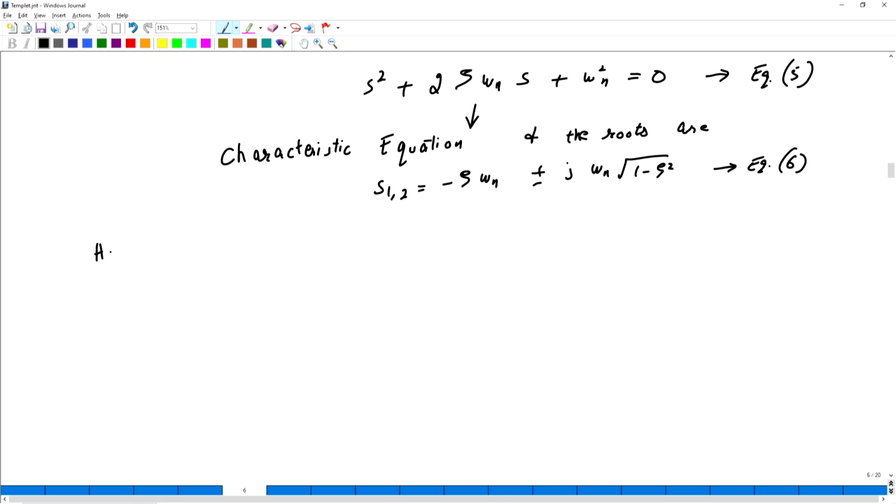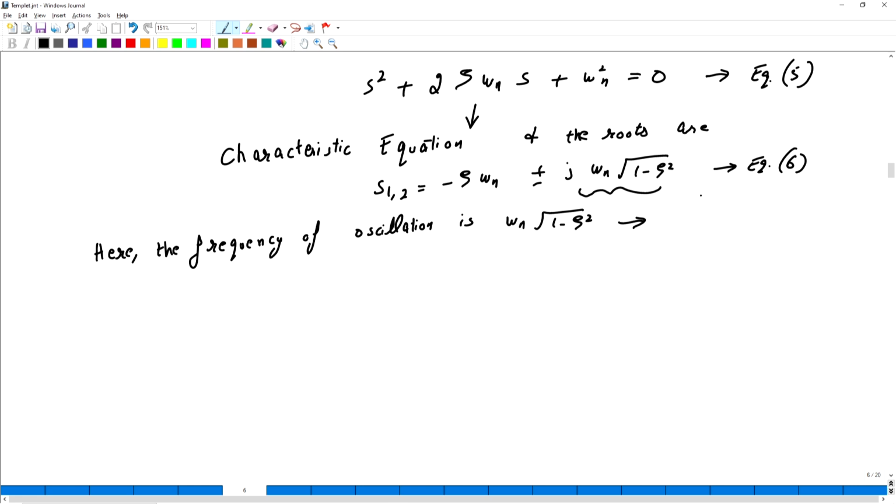Here the frequency of oscillation is represented by the variable omega n into square root of 1 minus zeta square, which we call the damped natural frequency, generally represented by omega d.